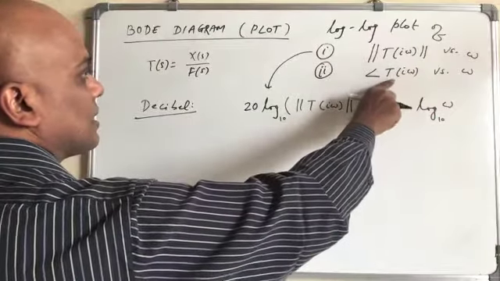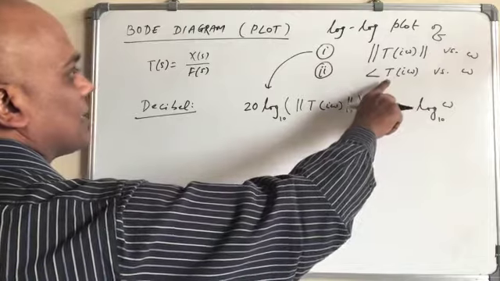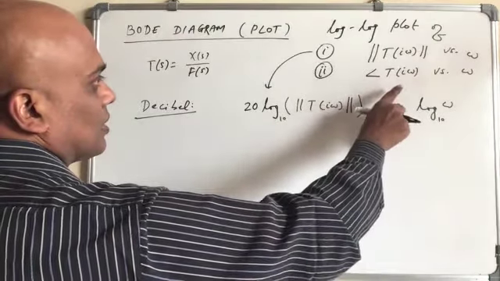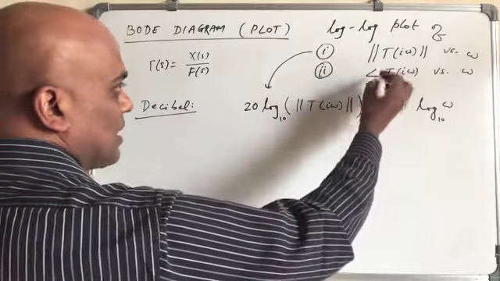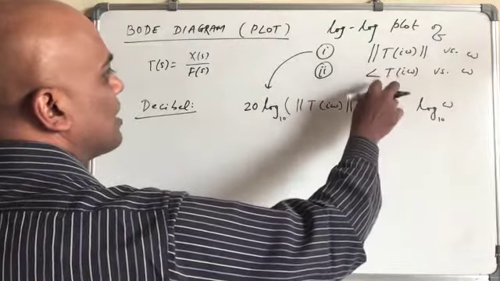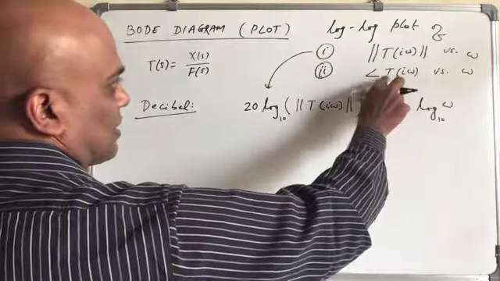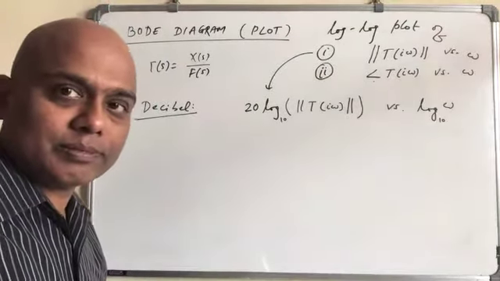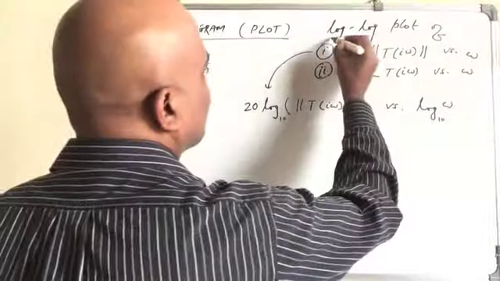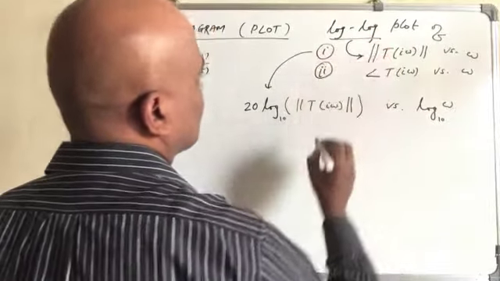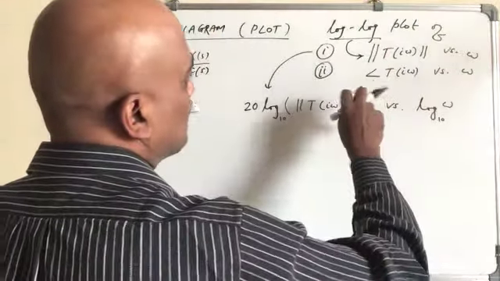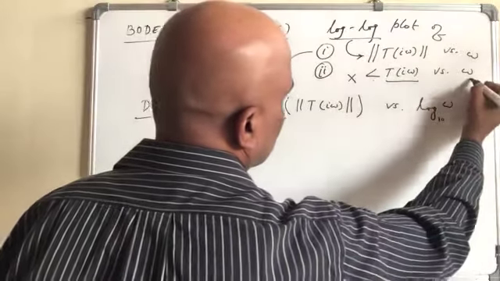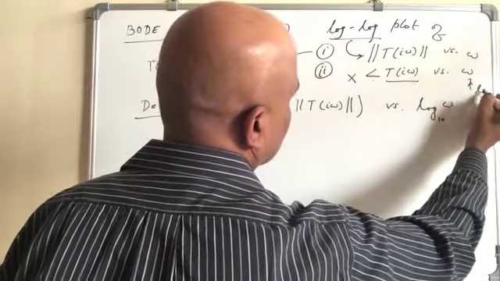Now this angle will not be in log plot, remember. So only the magnitude is in log plot, not this one. This one is simply the angle versus log omega, remember.